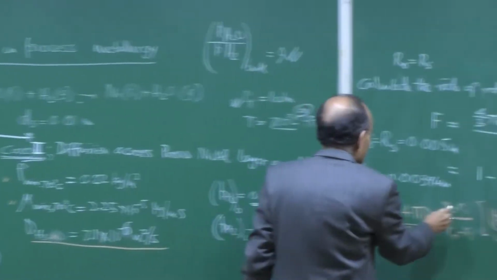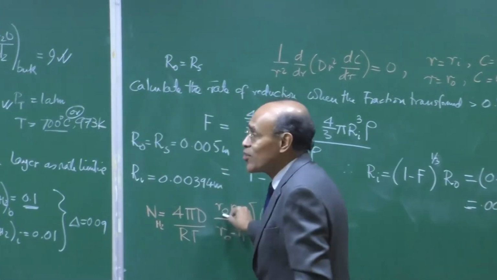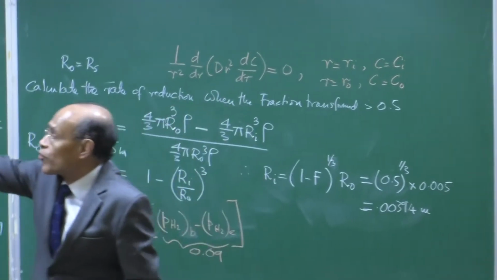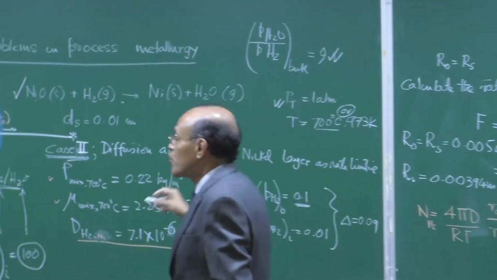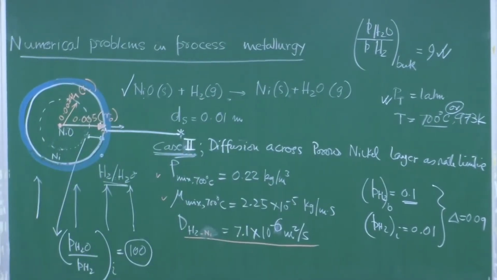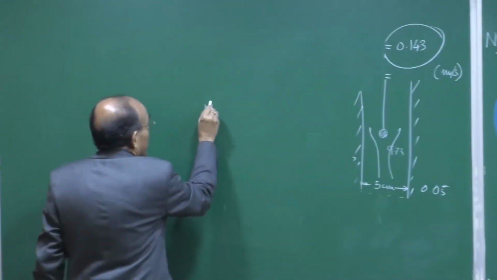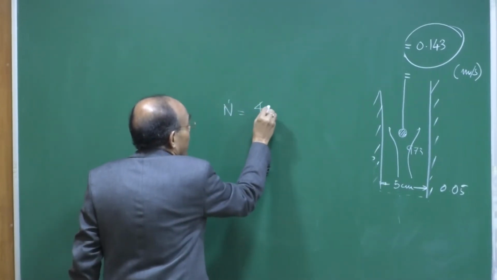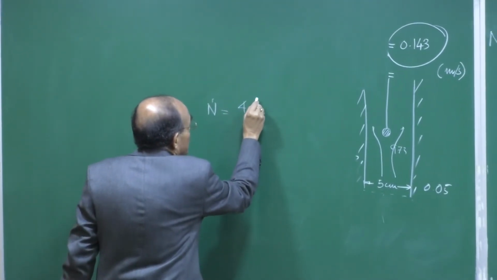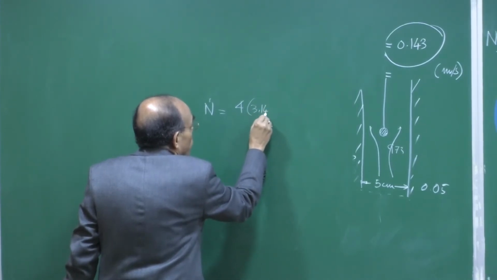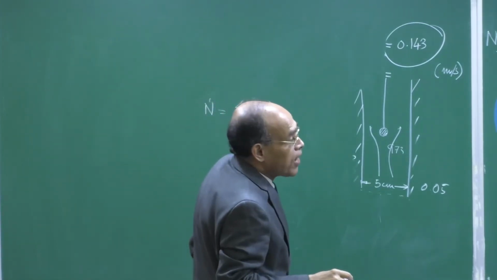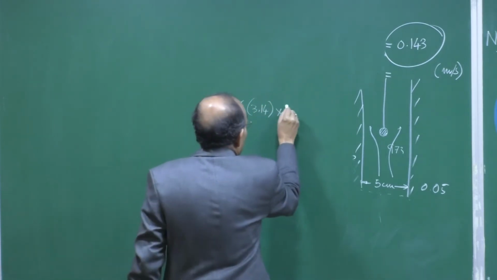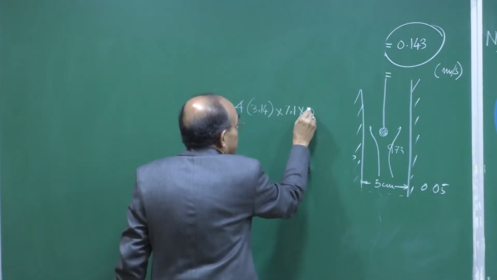R0 we have already obtained: R0 is the initial radius, 0.005, and Ri we have obtained is 0.00394. So, we will write that the rate of hydrogen reduction is equal to 4 times pi, which is 3.142, multiplied by the diffusion coefficient, which I said I will take to be 7.1 into 10 to the power minus 6.